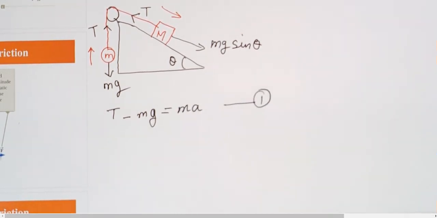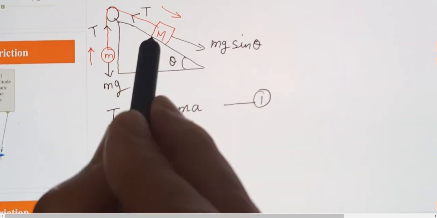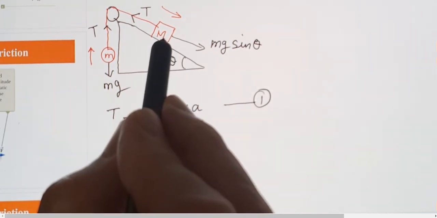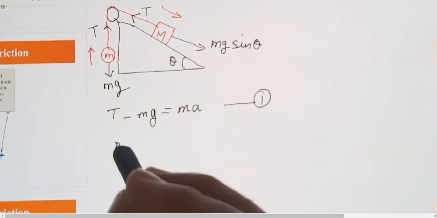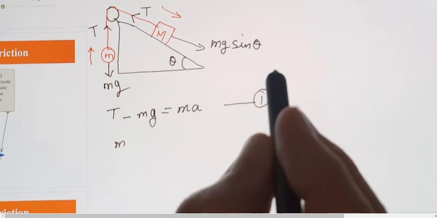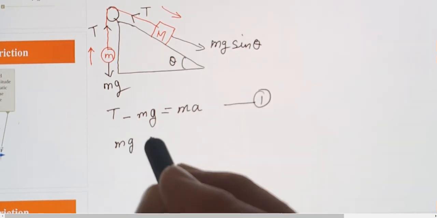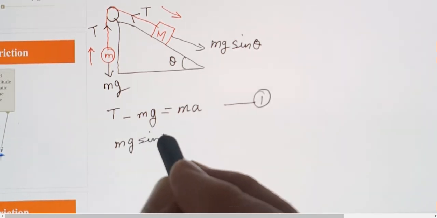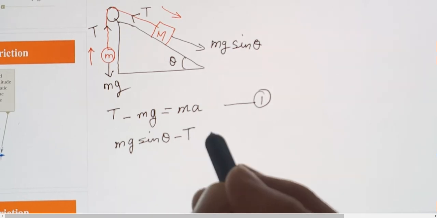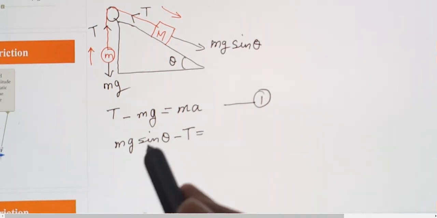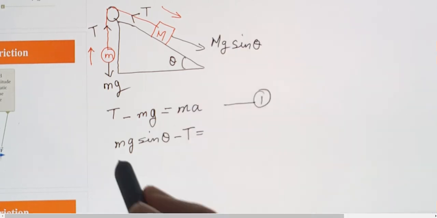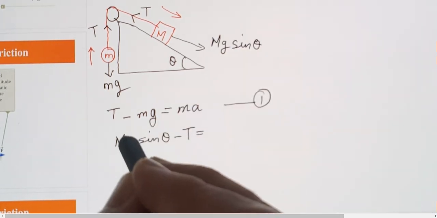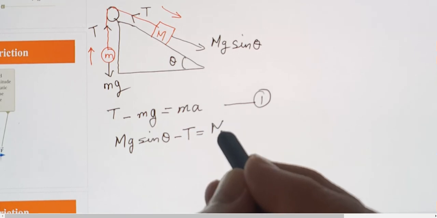The second equation is for the big object. Because it's moving this way, Mg sine theta minus tension is equal to, wait a second, this is capital M, capital M a.